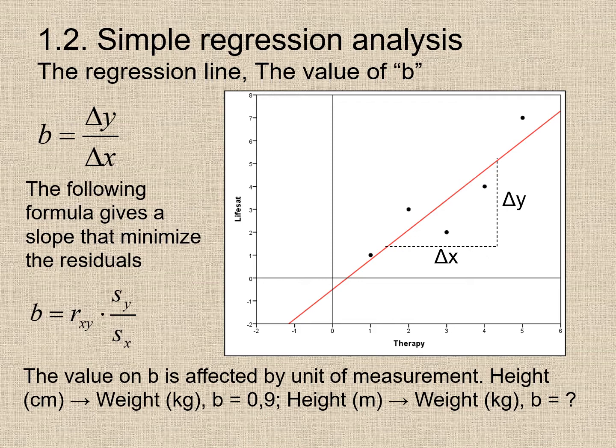How do we interpret this regression coefficient 0.9? What does it tell us? In the adult Swedish population, for an increase in height of 1 centimeter, we expect an increase in weight of 0.9 kilos.